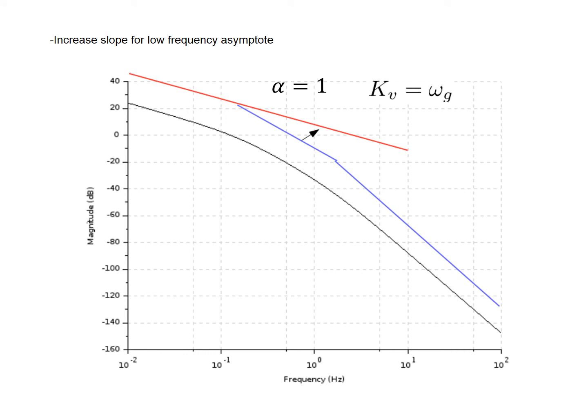Then, in order to compensate this slope, what we're going to do is to locate a zero exactly at the first pole of the plant. This is, we're going to make alpha equal to 1. Doing this, Kv is going to be exactly the gain frequency.